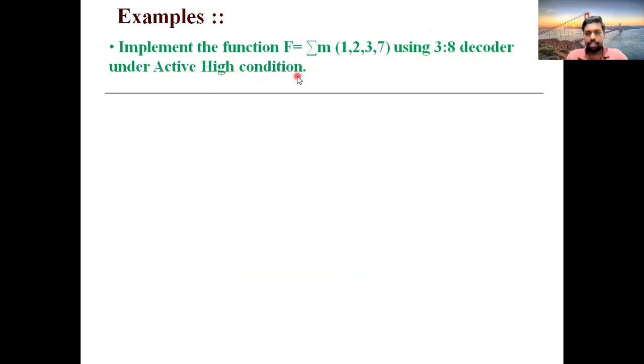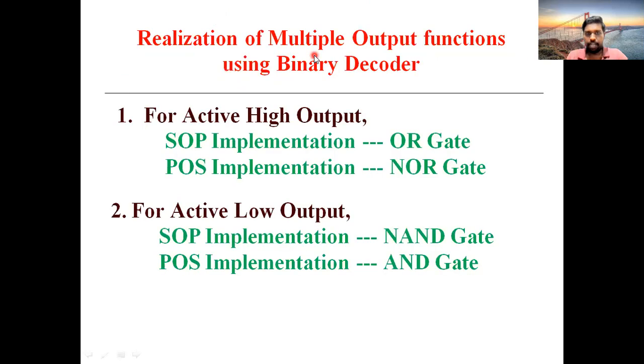So under active high condition, if you want to implement summation m, SOP, which gate do you need to use? We can verify the previous slide. Active high condition SOP means OR gate is to be used.